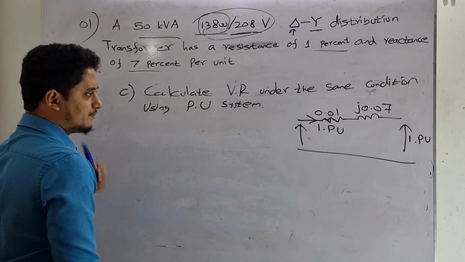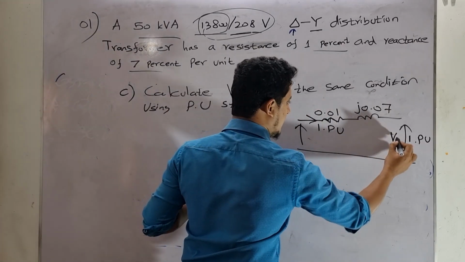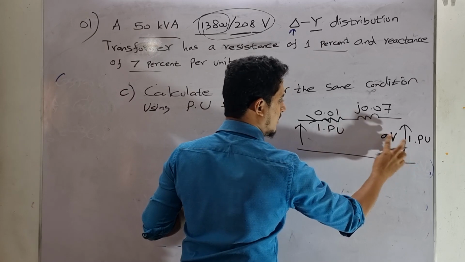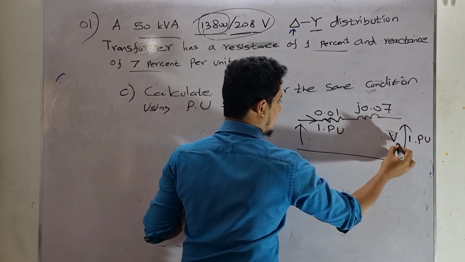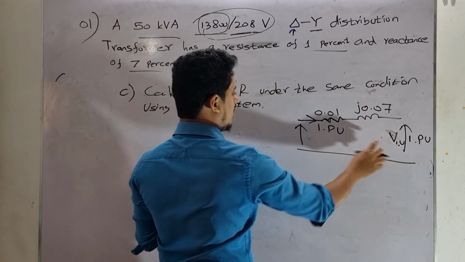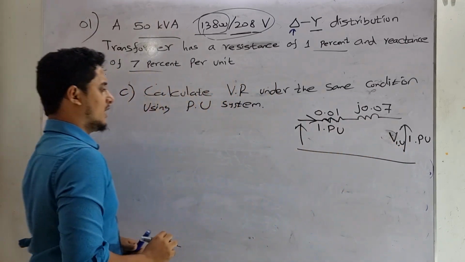So we know, if you consider the per unit part, this is per unit voltage and this is per unit current.